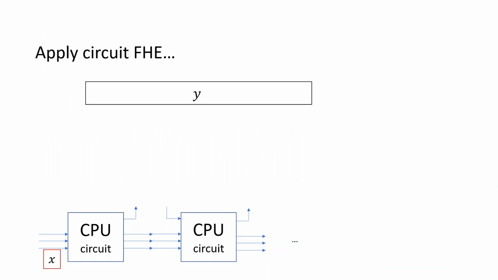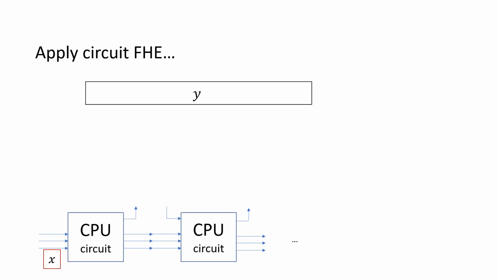Okay, so let me try to continue with making it a homomorphic evaluation. In a homomorphic evaluation, first the input X is secret, so we want to encrypt it. And looking at this CPU step circuit, we know it's some circuit, and we have good FHE for circuits developed in the last decade.